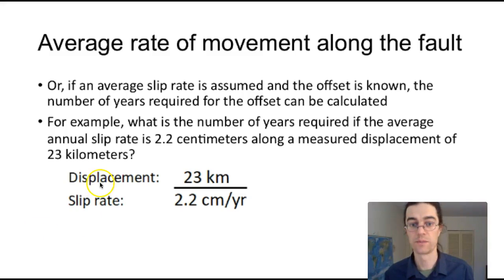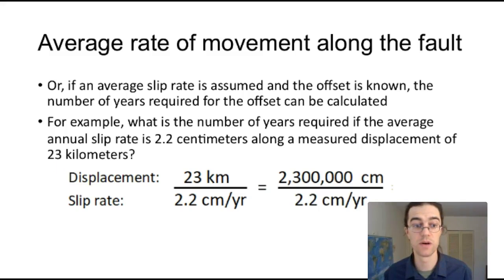If we know the displacement has been 23 kilometers and the slip rate is 2.2 centimeters per year, then we can multiply that out to come up with 2,300,000 centimeters, and that's a pretty large amount of centimeters, right?